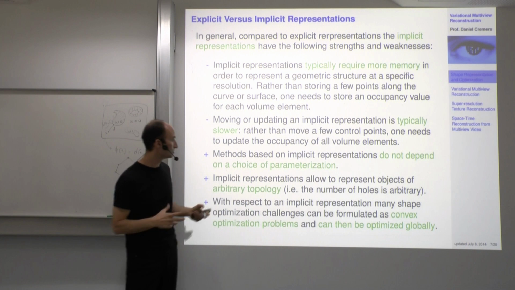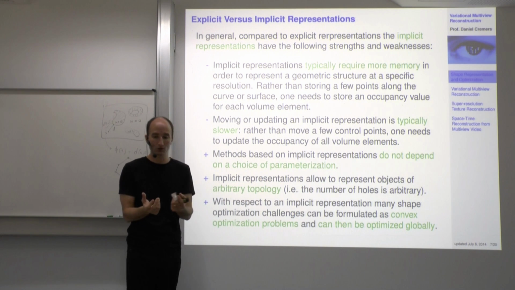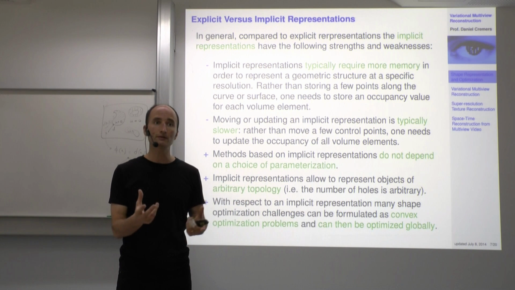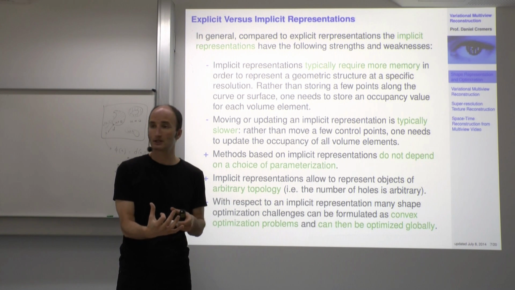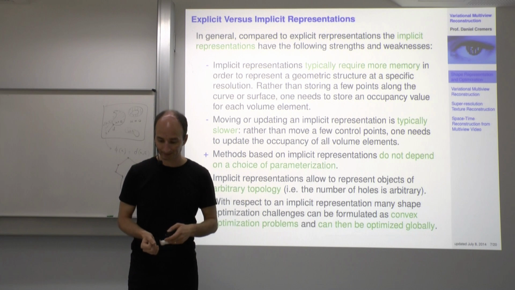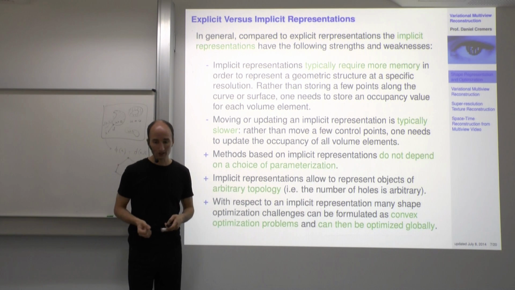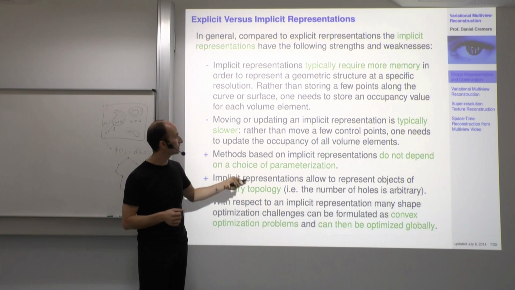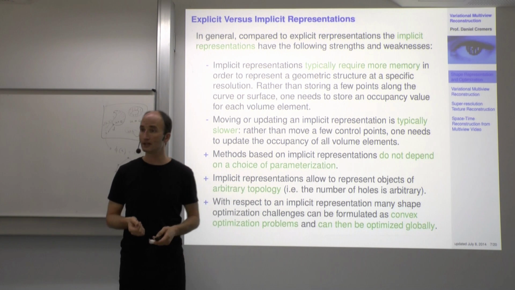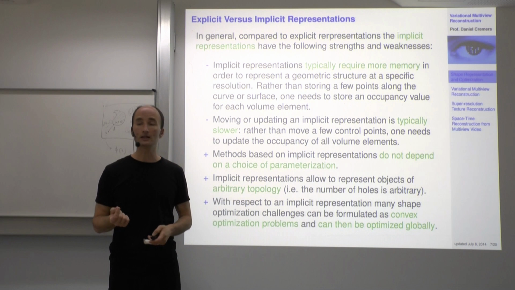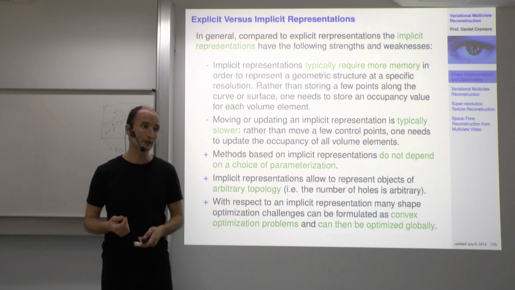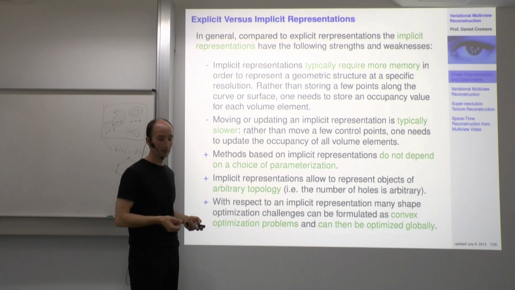Meaning, when you optimize for shape, you want to make sure that you can identify if two different representations are actually representing the same object. And so in representation and optimization, ideally, you want to get rid of these degrees of freedom. You want to have a unique representation. The same object should be represented with the same mathematical representation.